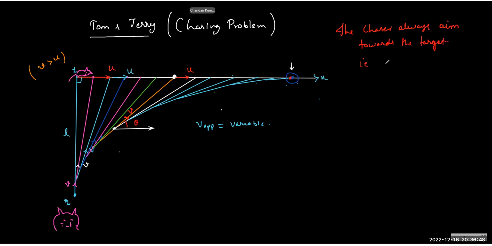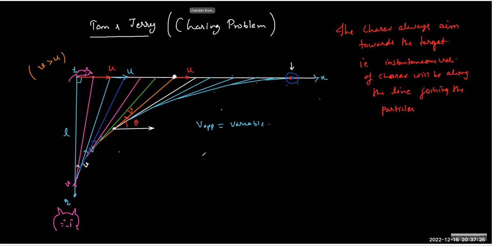That is, the instantaneous velocity of the chaser will be along the line joining the particles. I hope this is clear, the chasing condition.